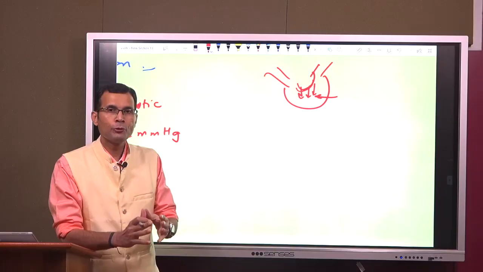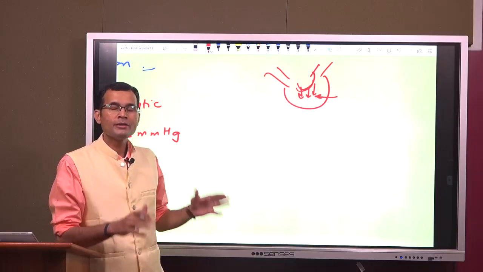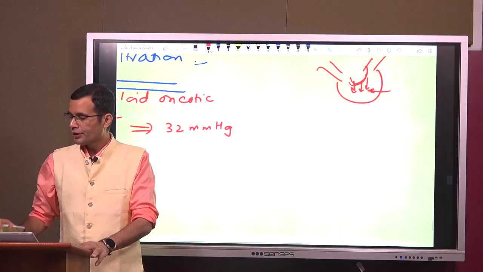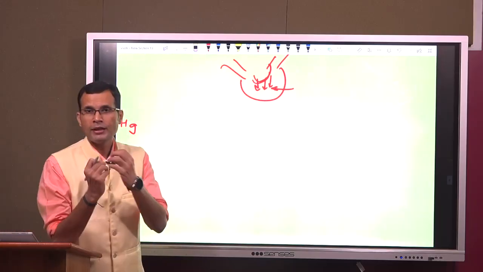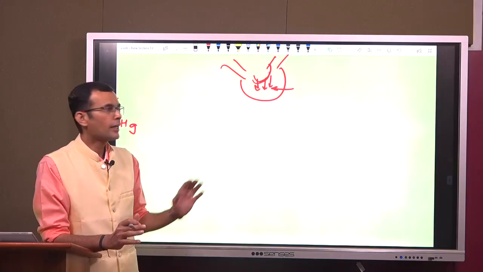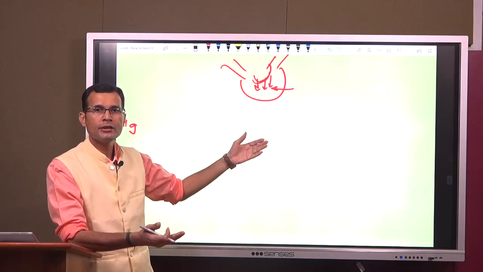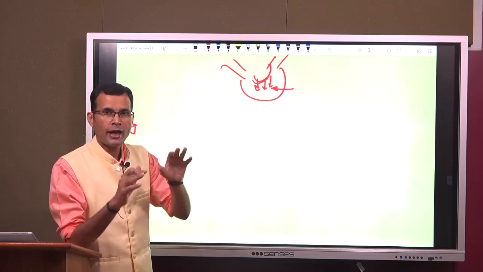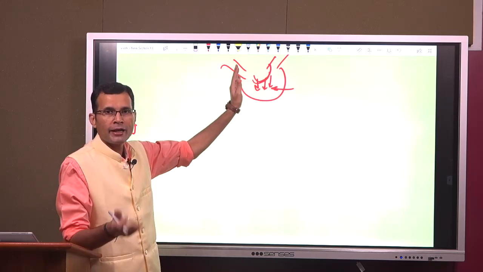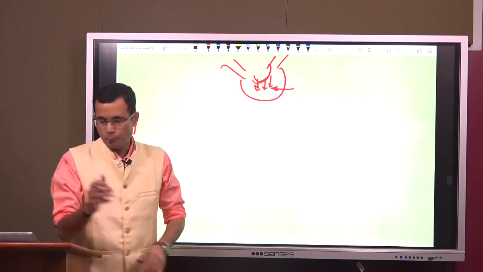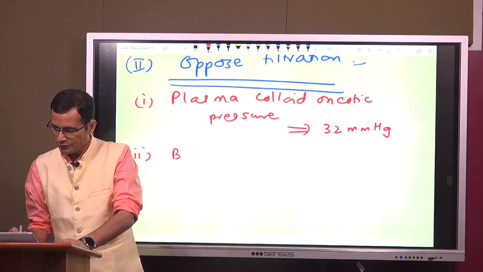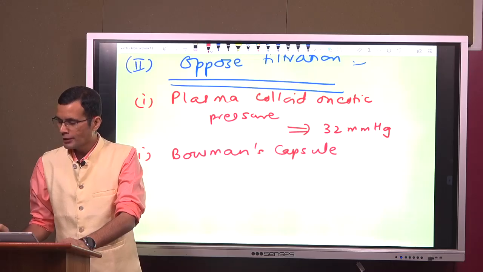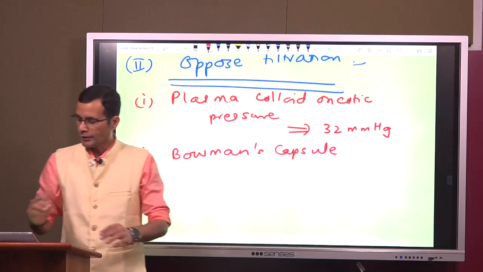That fluid will exert Bowman's capsule hydrostatic pressure. As we know already, hydrostatic pressure is the force that pushes the fluid back into the capillaries. Fluid which is outside the capillaries has hydrostatic pressure and will force the fluid back into the capillaries. So Bowman's capsule hydrostatic pressure is the force opposing the filtration because it is sending the fluid back into the capillaries.